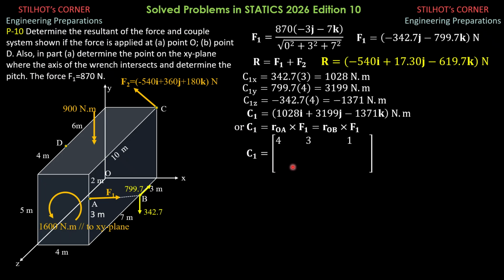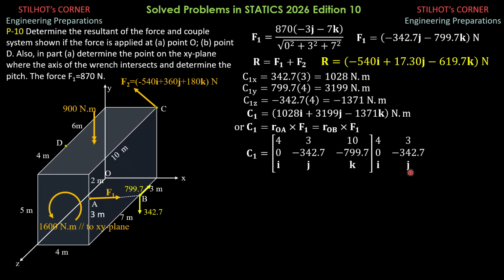So C sub 1 is the components of R, 4, 3, 10, then the components of the force F1, then the unit vectors ijk. We copy the elements of the first two columns. So let's check. For i, 3 times negative 799.7, then minus negative, so plus 342.7 times 10, check if it is 1028 newton meter.